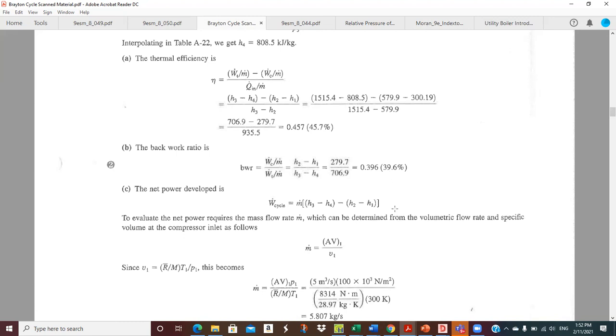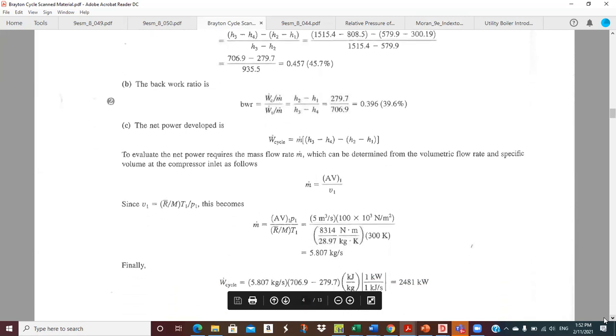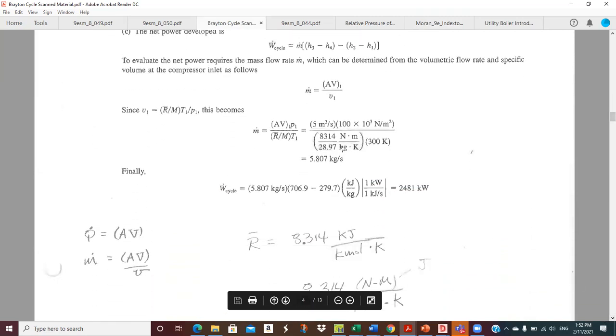Now, let's look at one other thing here too. This is just ideal gas law stuff. Specific volume is the universal gas constant over molecular weight, times the temperature, divided by pressure. And mass flow rate is what?